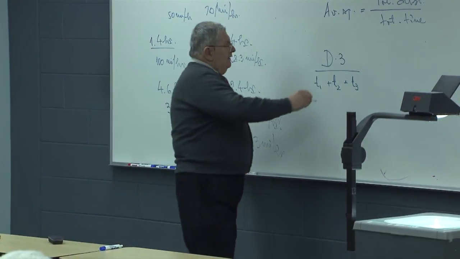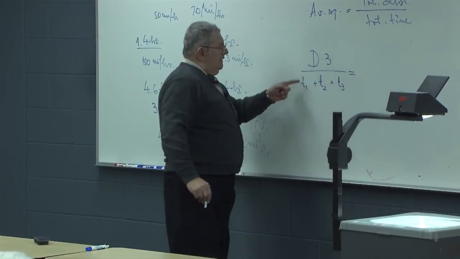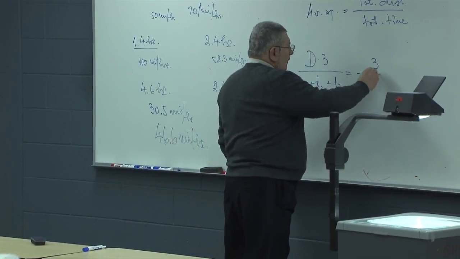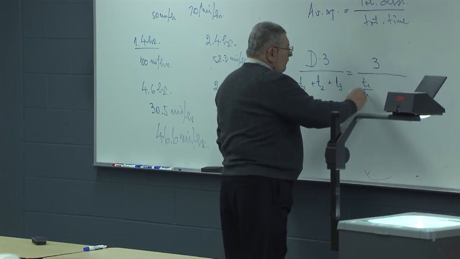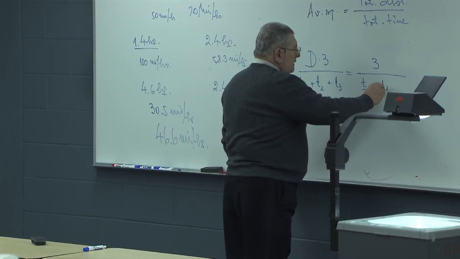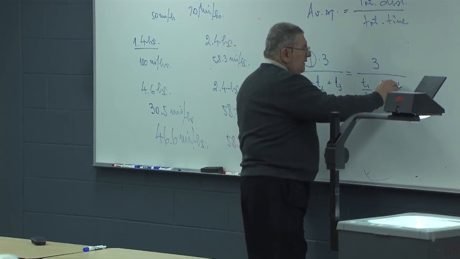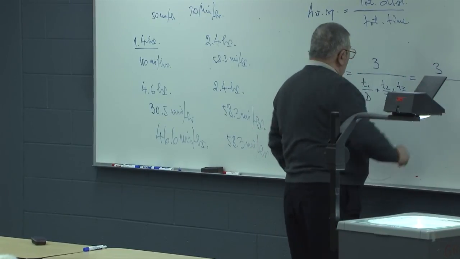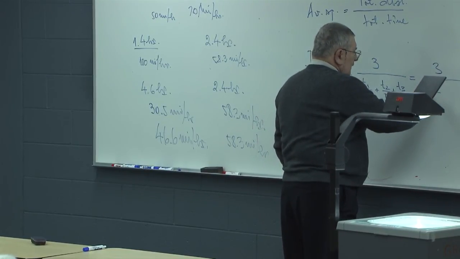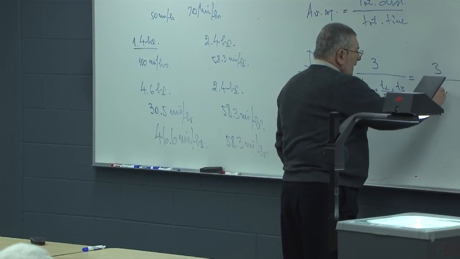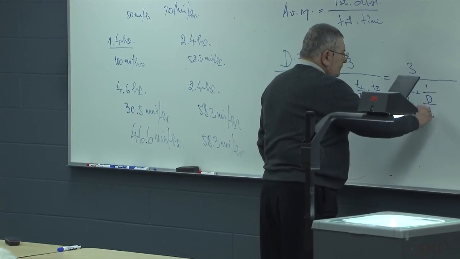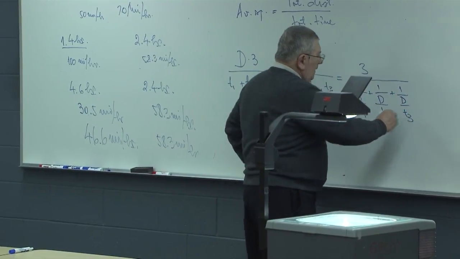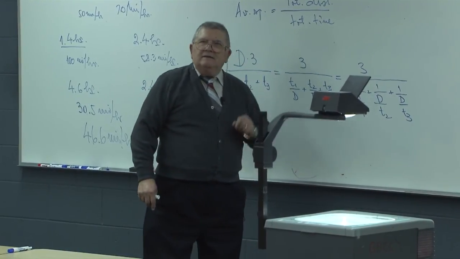Now, if I divide both sides by d, what do I get? I get 3 over t1 over d plus t2 over d plus t3 over d, which is the same as 3 over 1 over d over t1 plus 1 over d over t2 plus 1 over d over t3. But what is d over t1?